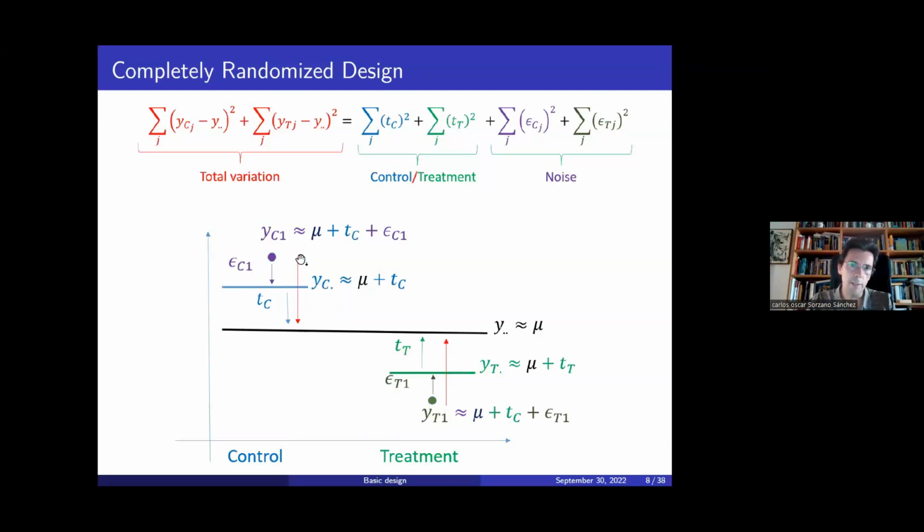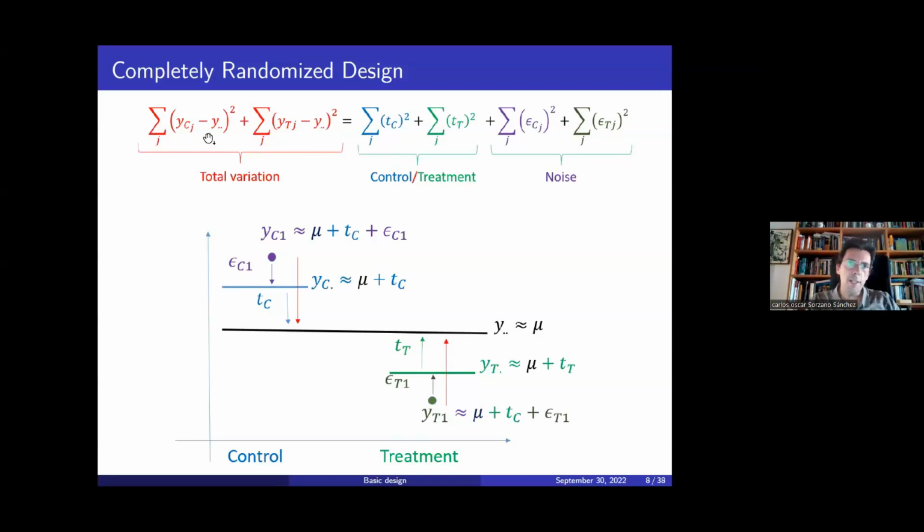So I have this red line. It is the difference between me and my group, and between my group and the overall mean. And the same happens here. So you can go from a person that has been treated to the mean of that group, and then from the mean of that group to the overall mean.